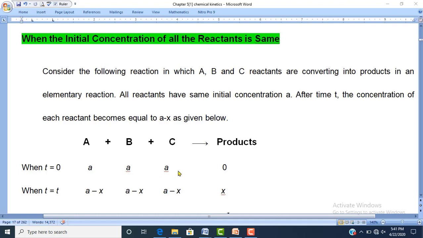So we are representing the concentration of A, B and C reactants with a mole. And when the time was 0 second, then at 0 time the concentration of product was also 0.